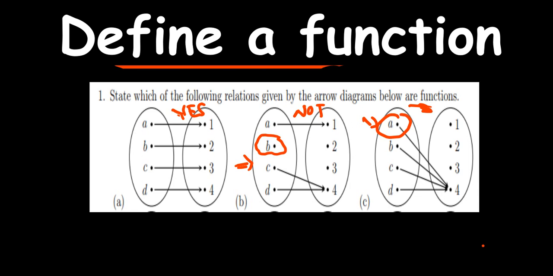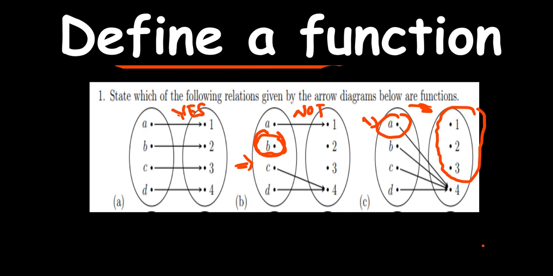And then, some elements in the set B may not be connected to any object in the set A. For example, these elements here are not connected to anything in set A, but this is still a function. But if it was the opposite case, where some elements of the first set are not being mapped, then that is not a function. That's the second point.